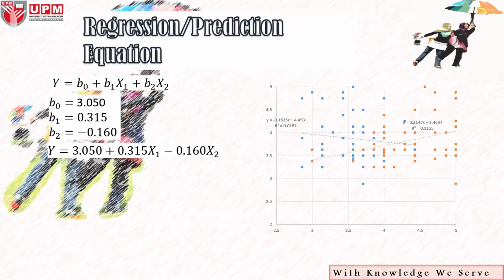Then to come up with the prediction, this is our prediction equation. For example, you are given x1 equals 5 and x2 equals 3.